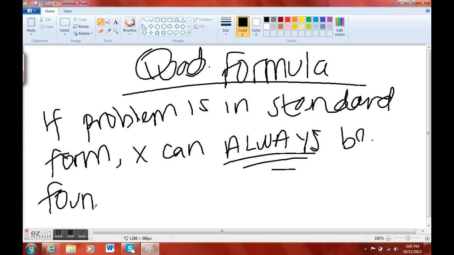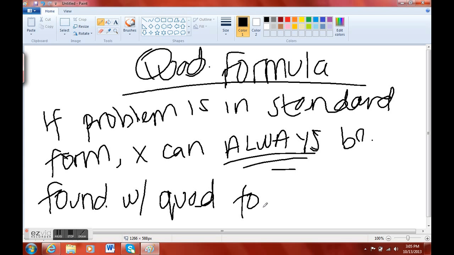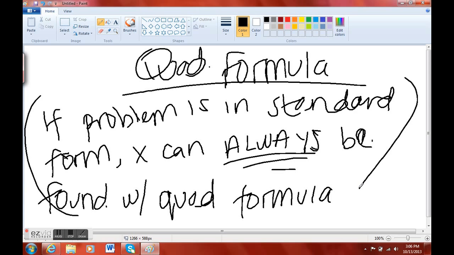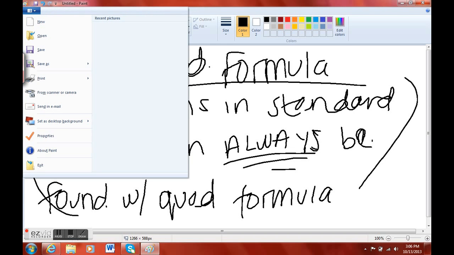Now, that's the best way I can think of to put that in a verbal form, because it's a formula. With the quadratic formula, which is still part of the verbal, I'm gonna sing it. Okay.